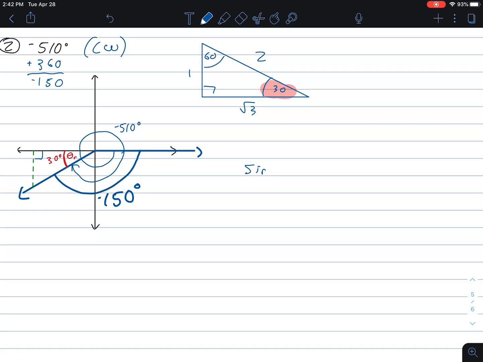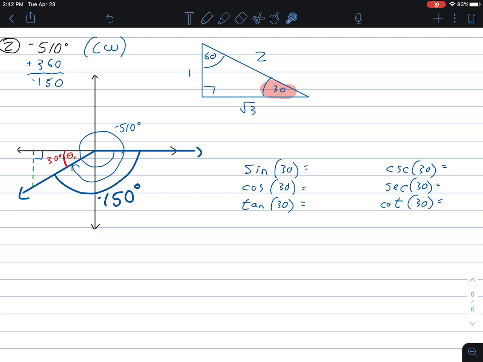So my sine of 30, cosine of 30, tangent of 30, and the reciprocals: cosecant of 30, secant of 30, and cotangent of 30. I know it's going to be positive or negative based on what quadrant it's in, so I'm just going to compute everything with it being 30, and then I'll look at the signs later.